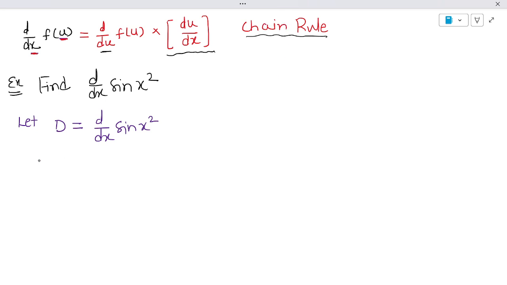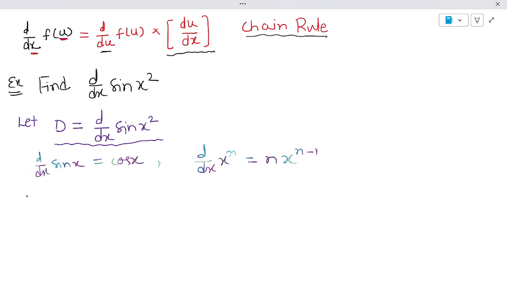So the first formula is derivative of sin x with respect to x is cos x. And second formula is derivative of x power n with respect to x is n x to the power n minus 1. Now we have to find this derivative. Okay, derivative of sin x square.